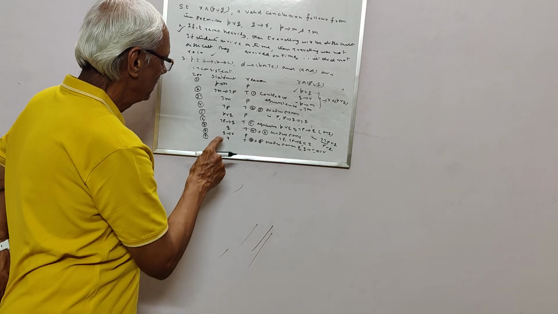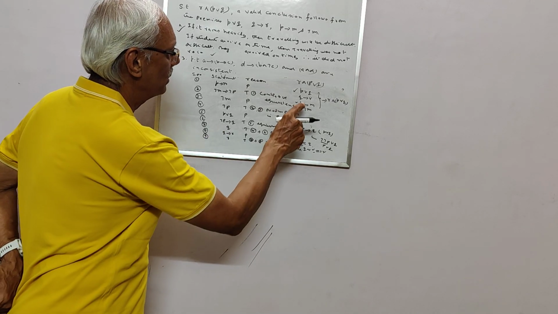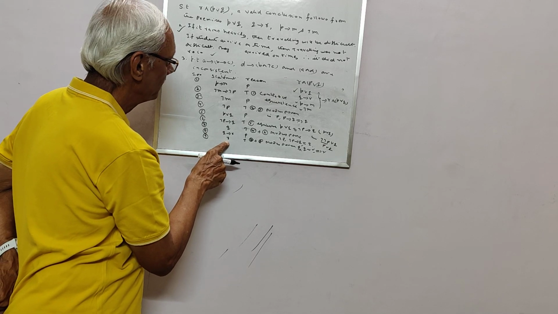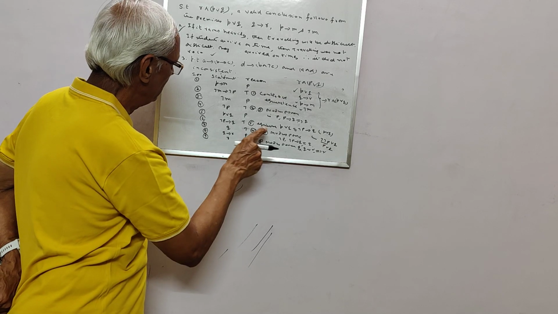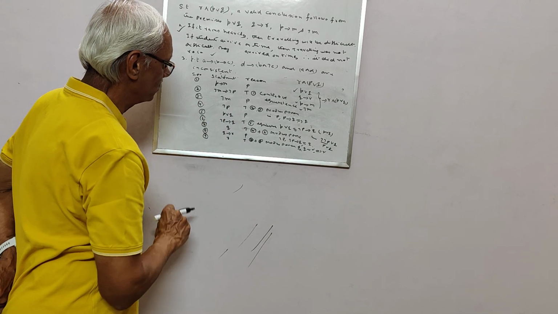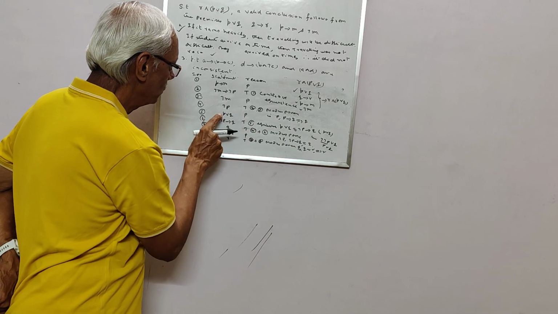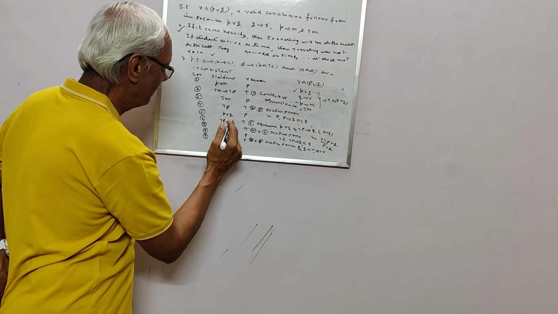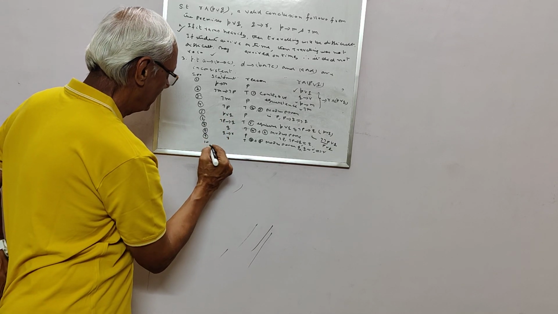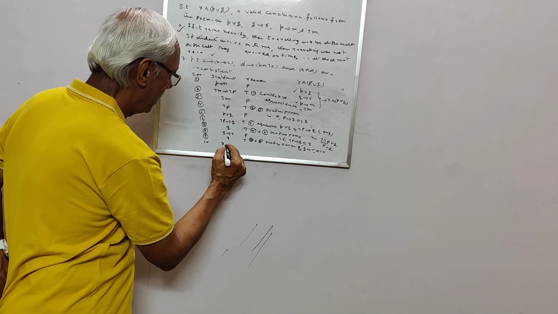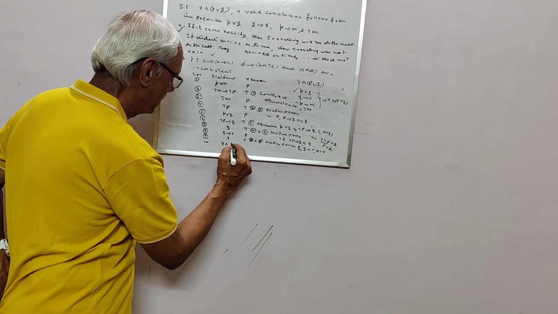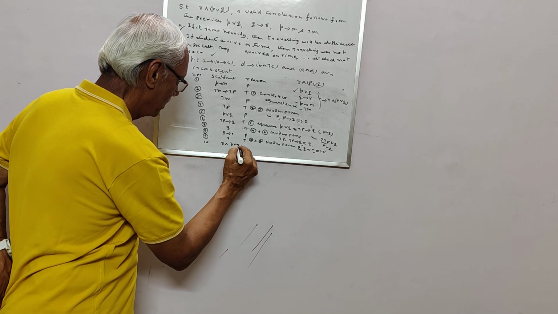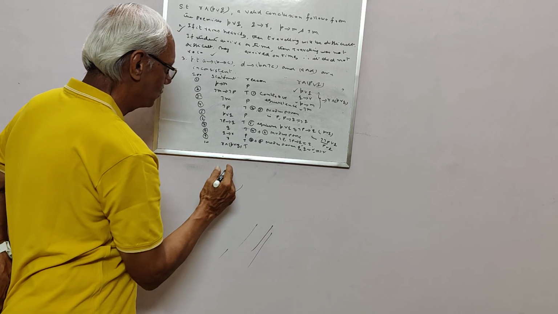Now you see, what is it that you want now? R intersection P union Q. R is true, and here P union Q is true. So 10 is R intersection P union Q is true.